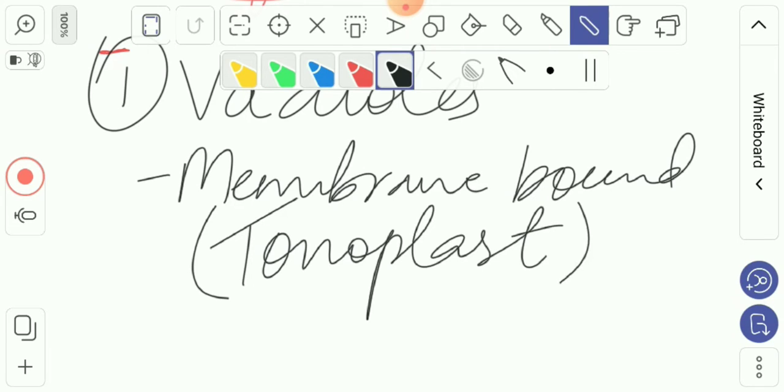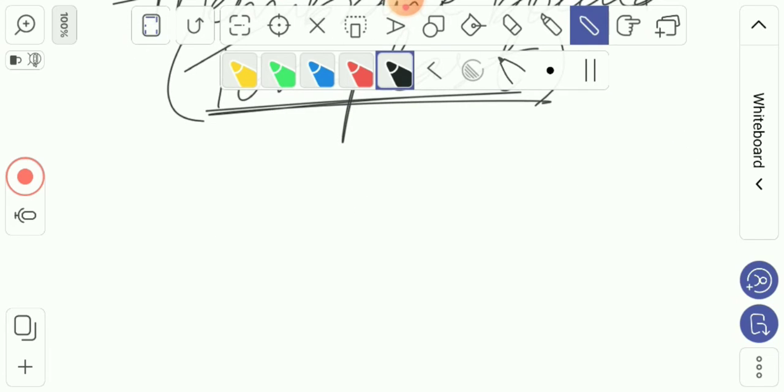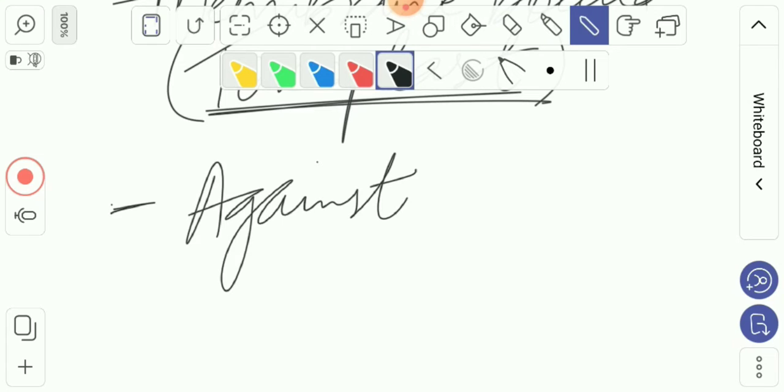Remember this, it is covered with tonoplast. Okay, and what does it do? It facilitates the transport of ions against concentration gradients, so it helps in working against concentration gradients.